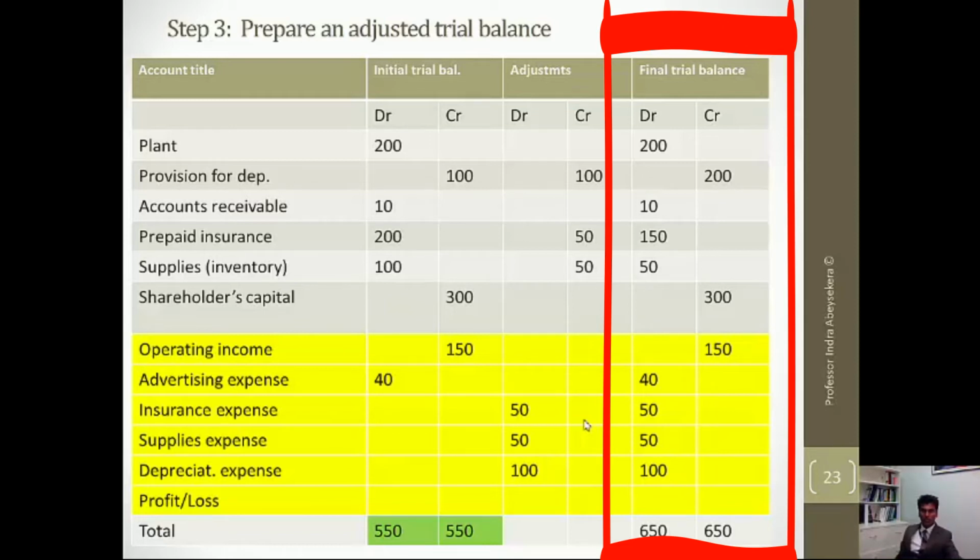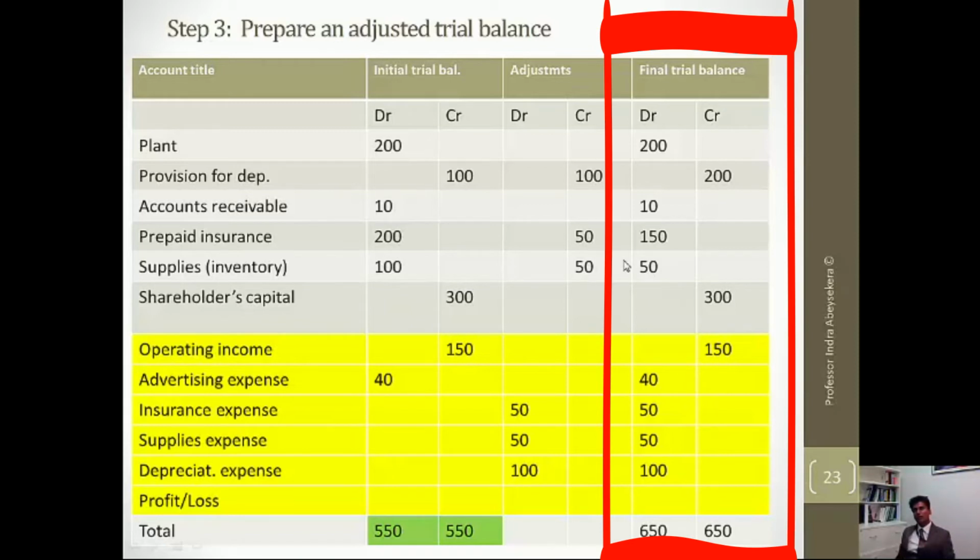For example, here's prepaid insurance, which is a debit. Adjustment is a credit. So debit 200, credit 50, the final trial balance is 150. Supplies, debit 100, adjustment is credit 50, final trial balance is 50.